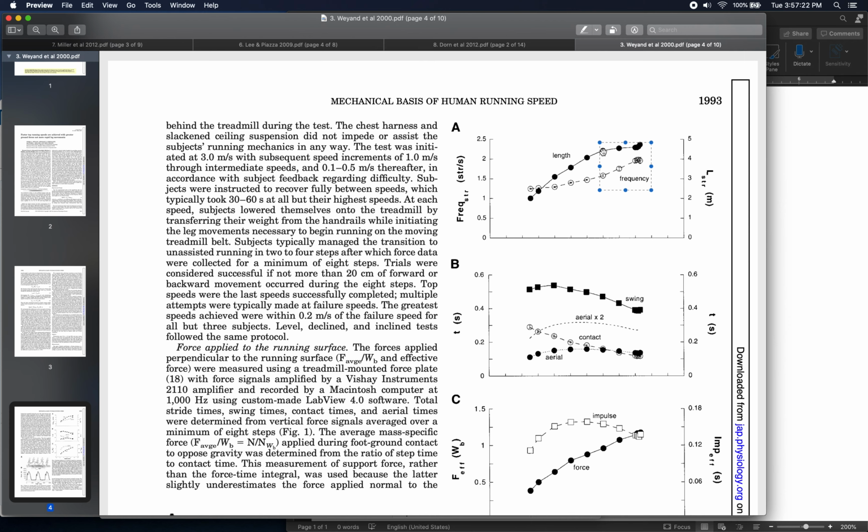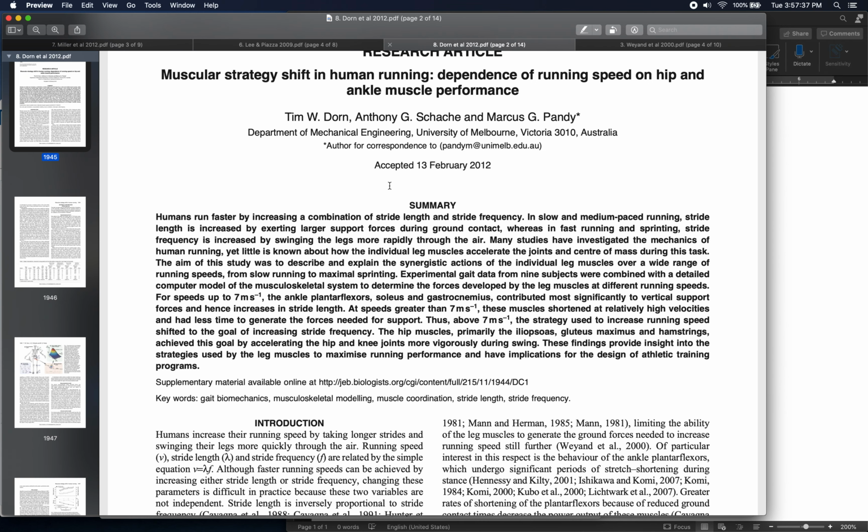Like if somebody gets to here, where my mouse is, where the stride length starts to level off, and their stride frequency gets to the associated stride frequency below there, and they just can't increase it any further, like this is their max speed here where I'm going up and down there. That suggests, based on this study, that their problem is probably a hip problem, right? That they may need to work on the strength and power of their hip muscles, of their hip flexors and of their glute muscles and of their hamstrings. Okay?